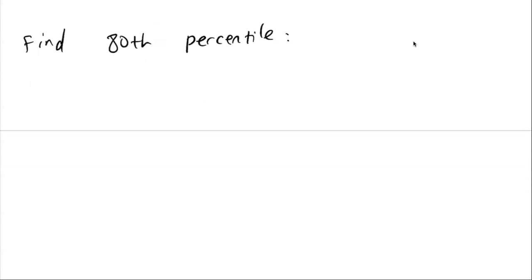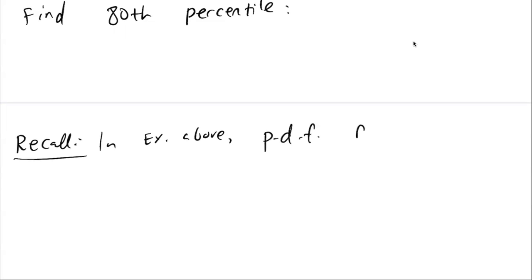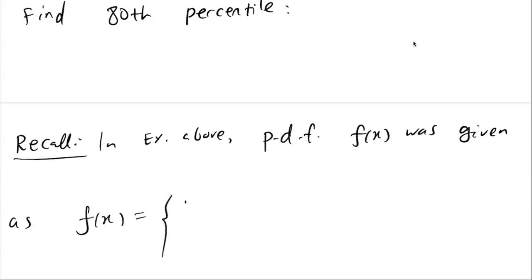Again, what do we mean by the example above? We mean the example where the PDF was given. In the example above, the PDF, or f of x, was given as e to power minus x for x bigger than or equal to 0, and 0 for x less than 0.